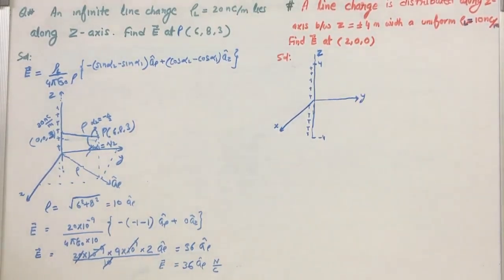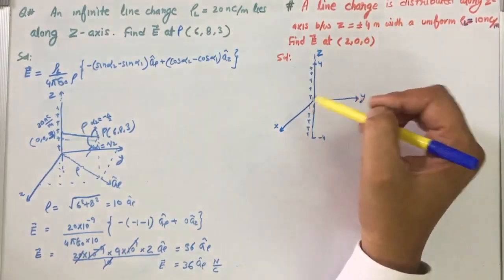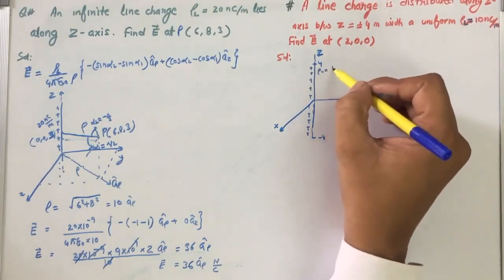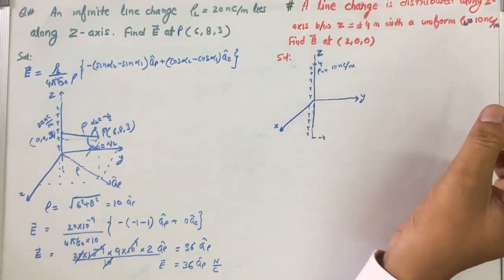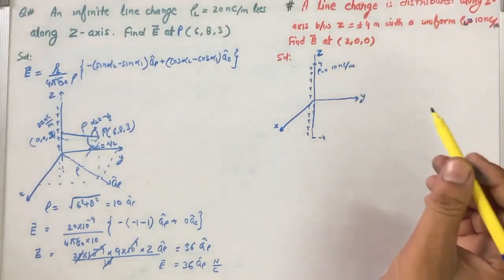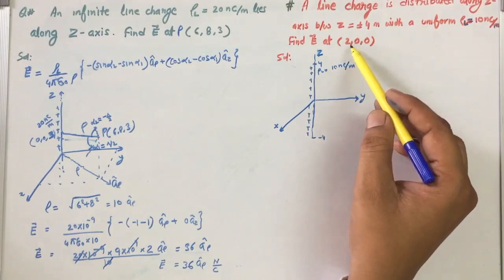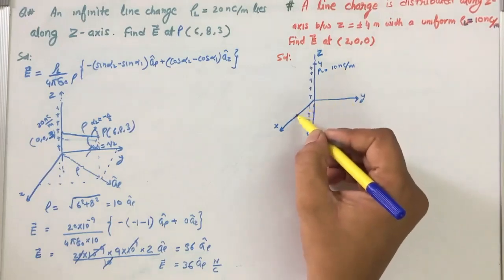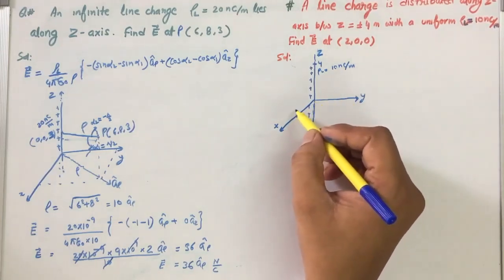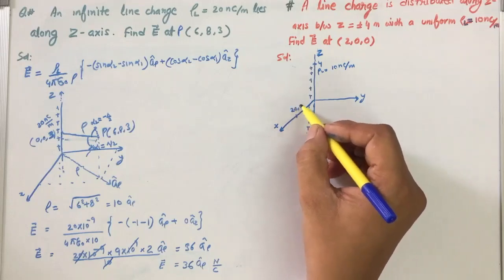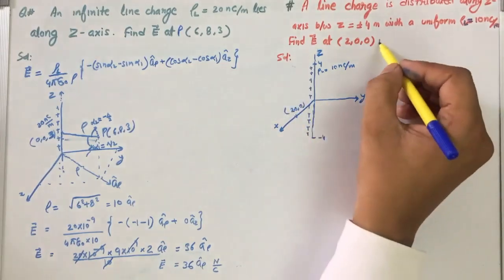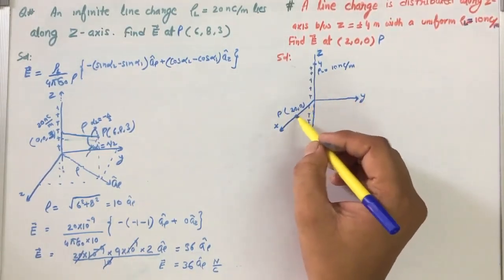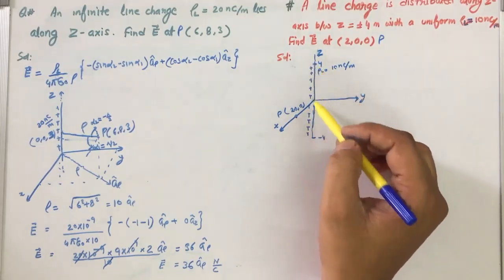This is the distribution of the charge, and rho L is 10 nanocoulomb per meter. E at 200 means it is on the x axis, because the other two coordinates are 0, at a length of 2 units. So 200 will be this point, that is P. Now we have to find the electric field at this point due to this line charge distribution.